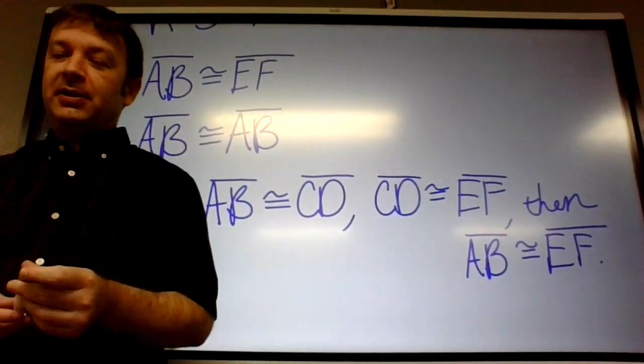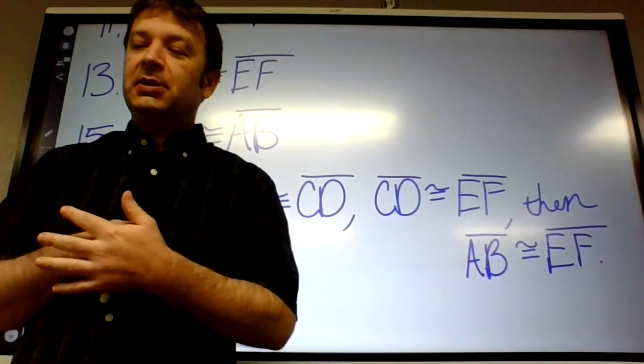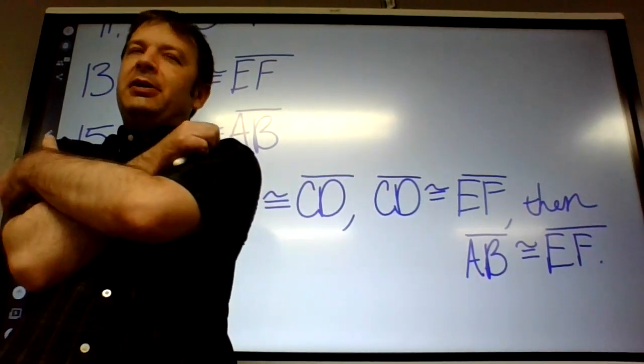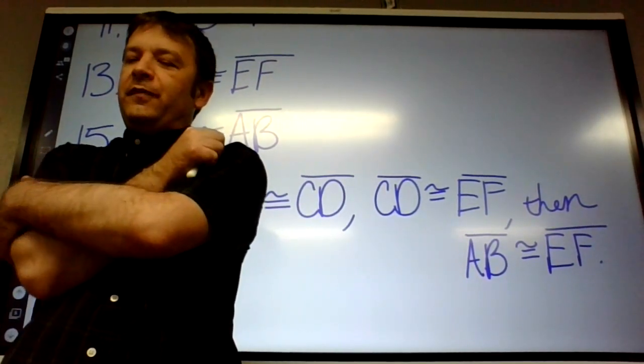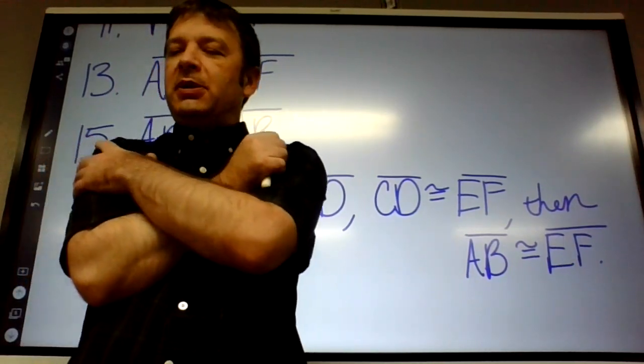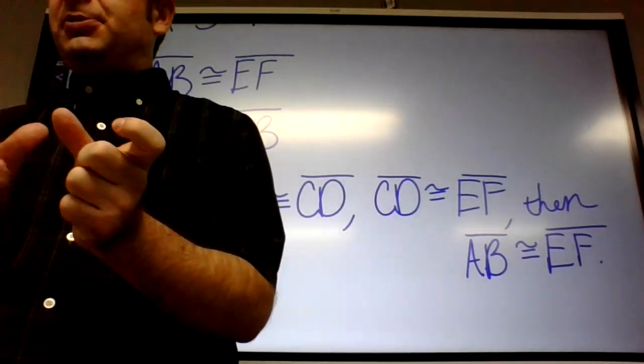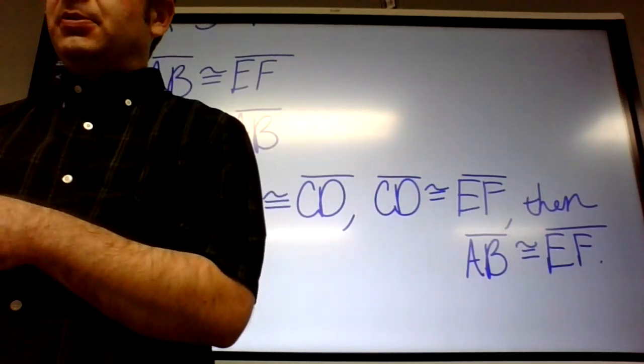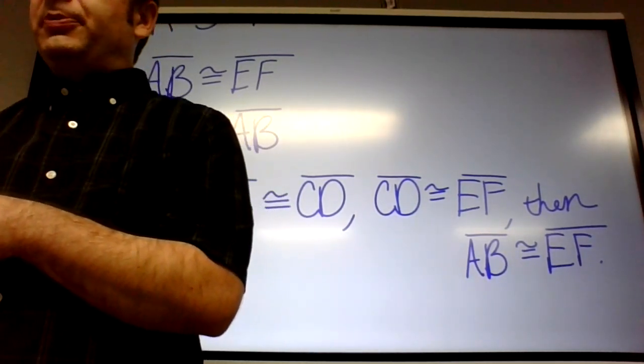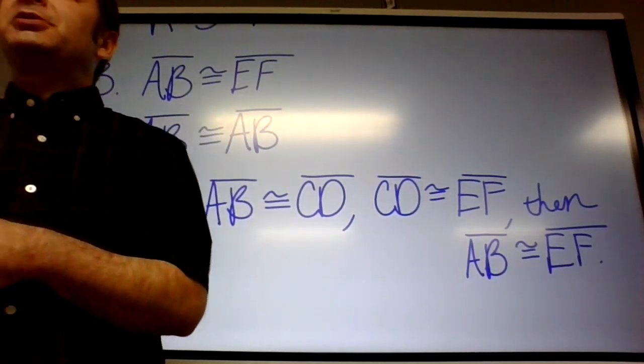Okay, 19. It's kind of like a part of a proof, and we're just supposed to fill in the blank. It's not a full proof. But if you look at 19, it says line 2, FH equals PQ, symmetric property of equality. What was the symmetric property?